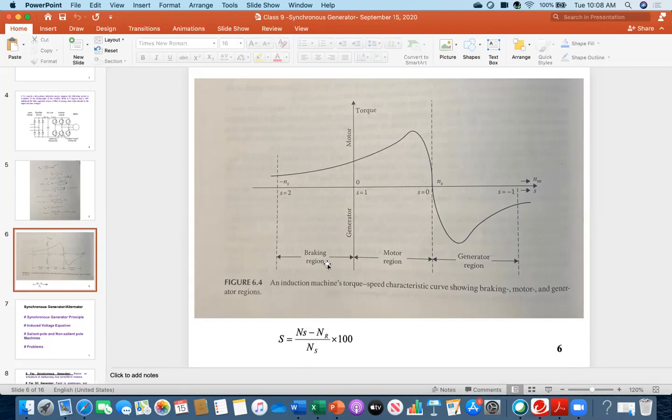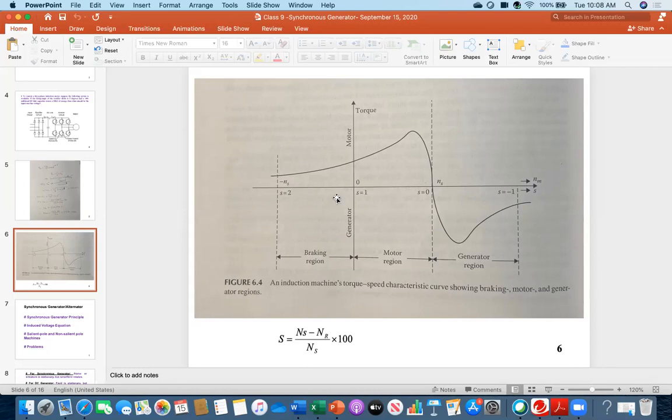Sometimes some industries use a method called plugging. The braking is sometimes called the plugging. Plugging means your motor is running at steady state at a good speed and you want to stop the motor. Therefore, instead of stopping the switch or disconnecting the line, what is done?